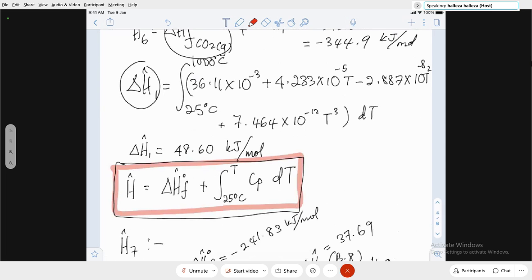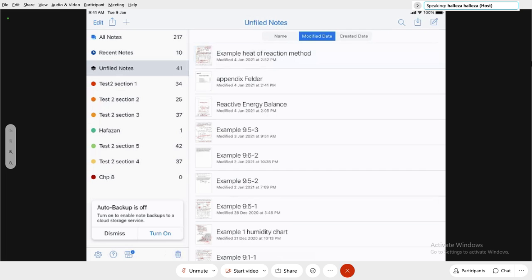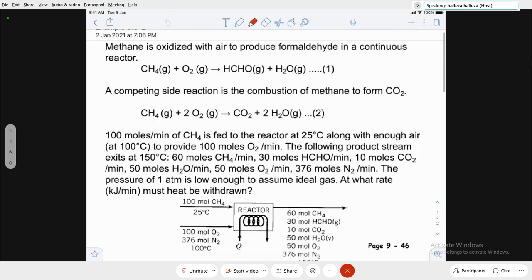Okay, if there's no question, I would like to do another example. Whenever you have two reactions occurring simultaneously, the best method would be to use the heat of formation. It's easier.